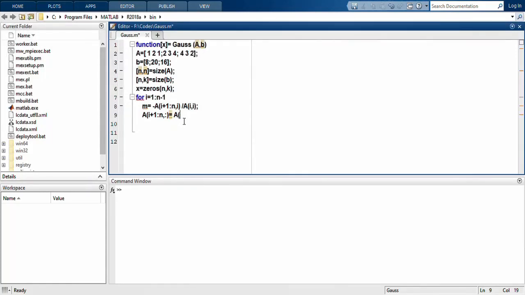So the only change will be in R2 and R3, i+1 to n, colon, plus m multiplied by A(i, :), because I am writing m as negative as a common thing, so it makes the addition or subtraction accordingly.